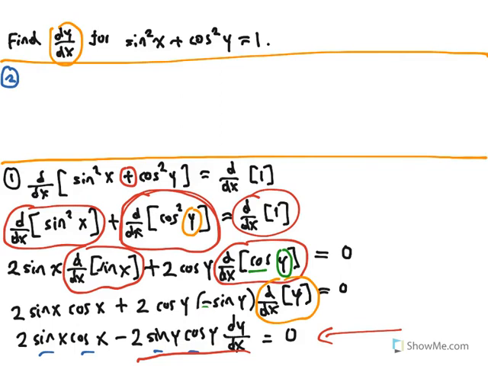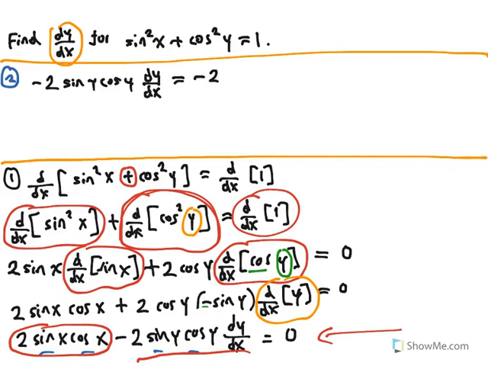So we can move this term to the right side of the equation by subtracting it from both sides of the equation, leaving us negative 2 sine y cosine y dy dx on the left side of the equation, and on the right side of the equation we will have minus 2 sine x cosine x.